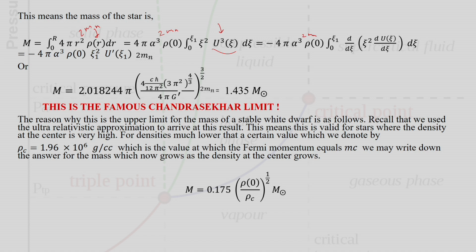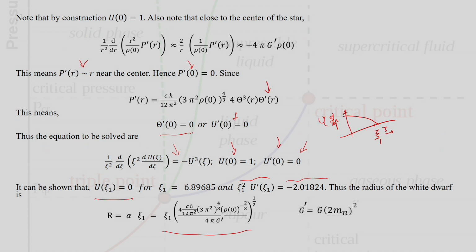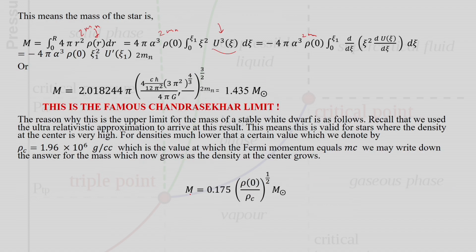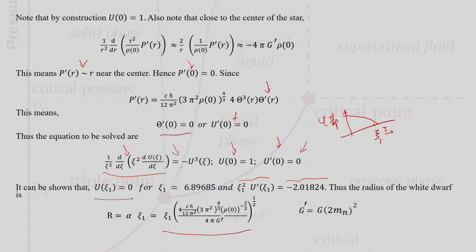Remember that u cubed, from this Lane-Emden equation, can be written in terms of the derivative, and the remarkable thing is that xi squared is in the denominator. This xi squared cancels. What is u cubed? I forget the sign here.